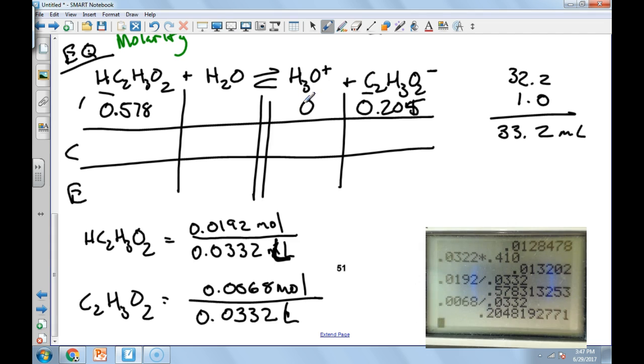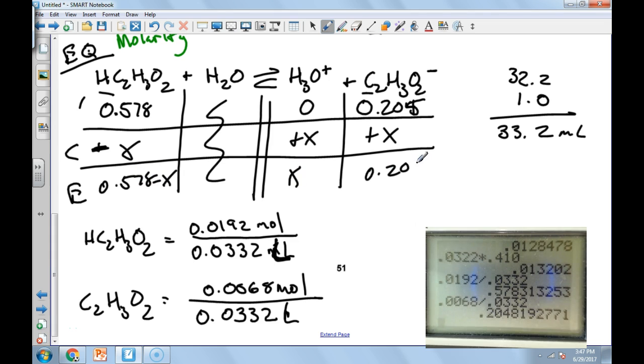Okay, so this is 0, none of that. Water doesn't matter, liquids don't play a role. And so this is going to be minus x, plus x, plus x, and we go 0.578 minus x, x, and 0.205 plus x.